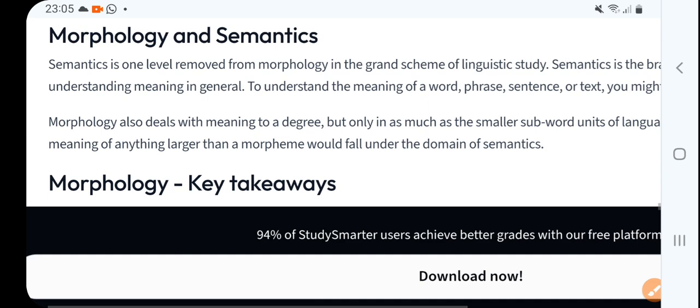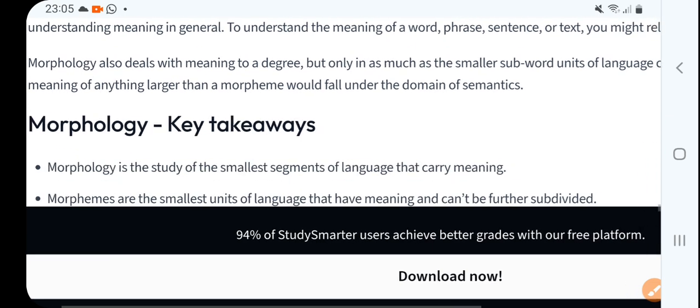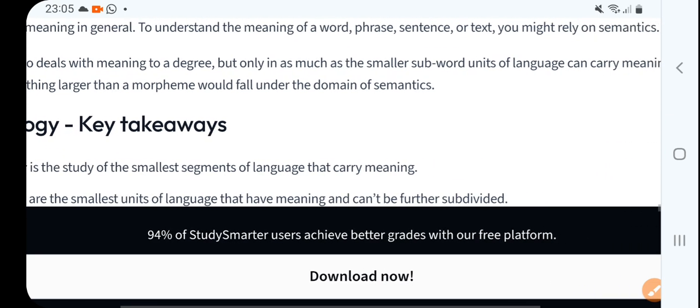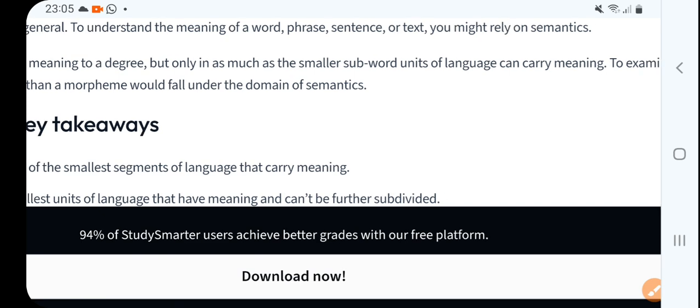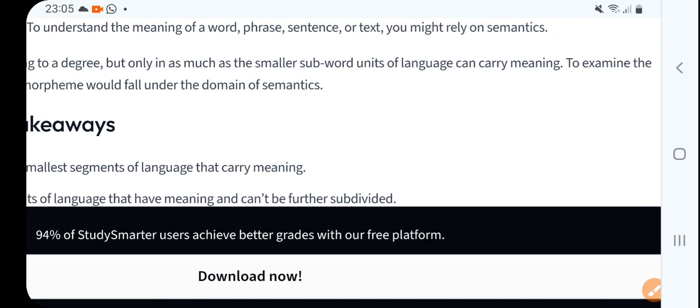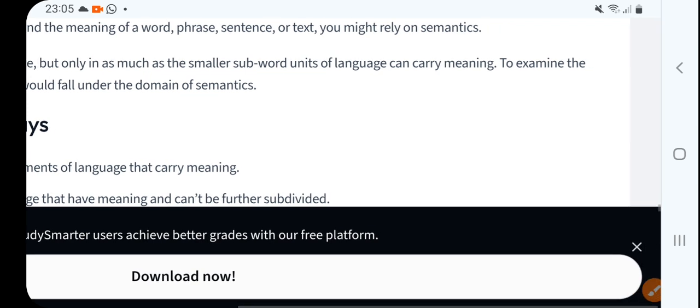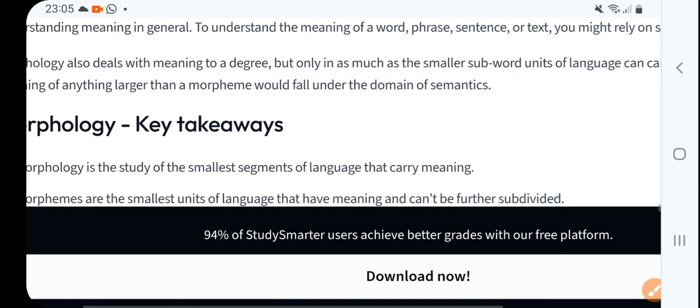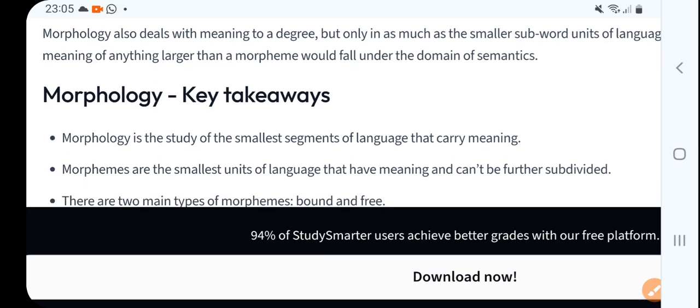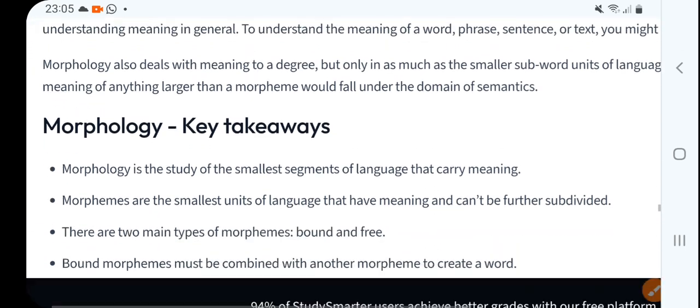Morphology also deals with meaning to a degree, but only inasmuch as smaller sub-word units of language carry meaning. To examine the meaning of anything larger than a morpheme would fall under the domain of semantics. Okay.